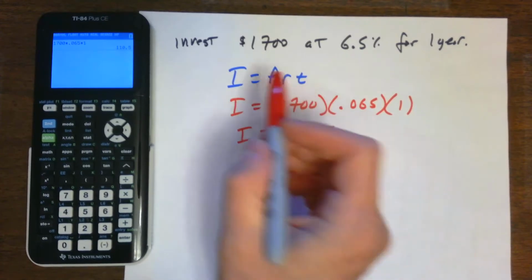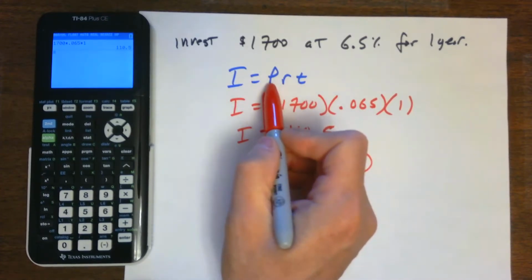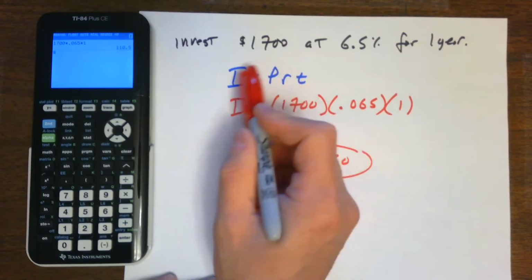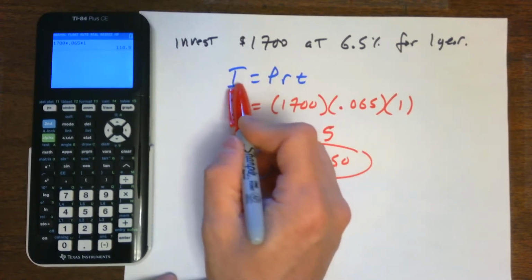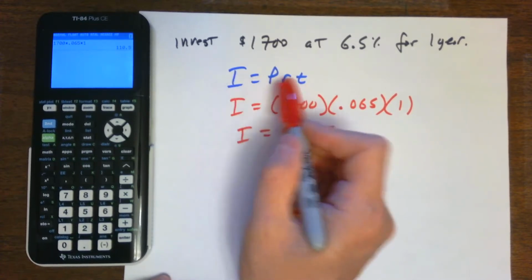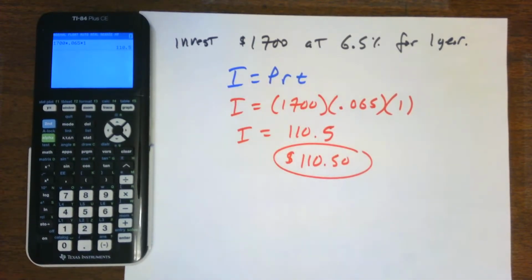Or maybe I know how much I'm going to invest, and I know for how long I want to invest, and I know how much I want to get back. What rate do I need? So with these, I could give you any 3 of them, and you need to be able to find the 4th one. Pretty straightforward here. Nothing too crazy with the exponentials or anything yet. That is definitely coming, though. We'll see that. In fact, here it comes.